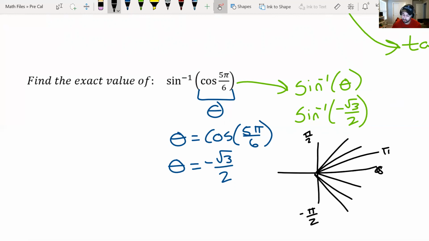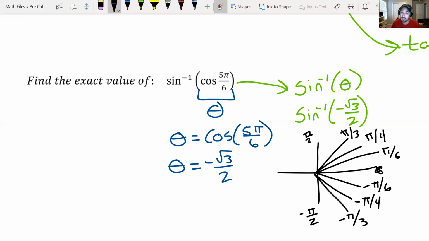There's pi over 6, negative pi over 6, negative pi over 4, negative pi over 3, pi over 4, pi over 3. Okay. And all we have to ask ourselves is, what radian value gives me negative square root of 3 over 2 on these restrictions?